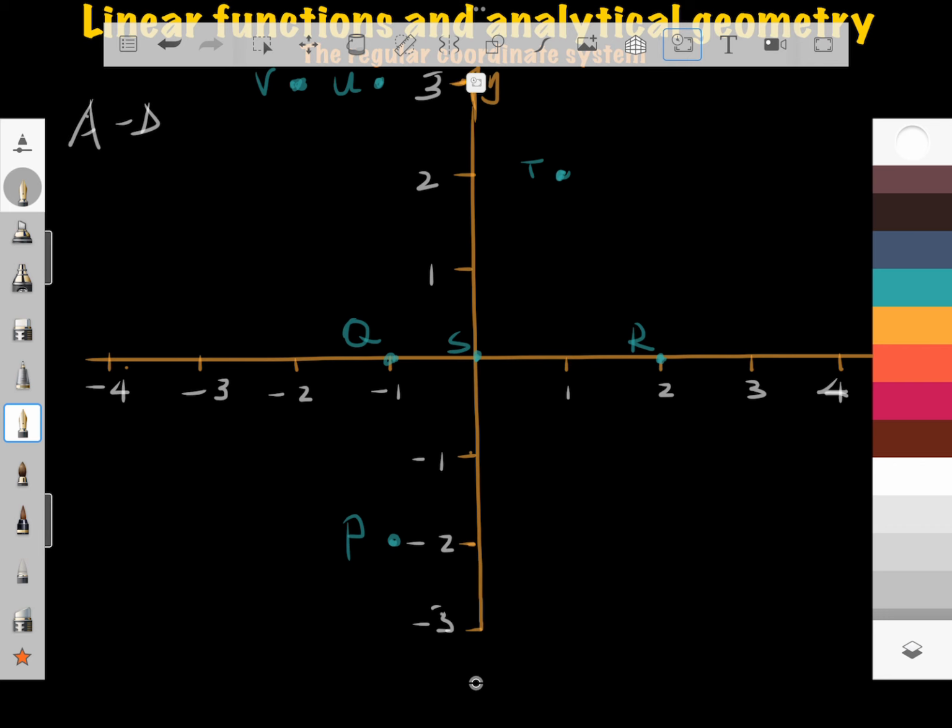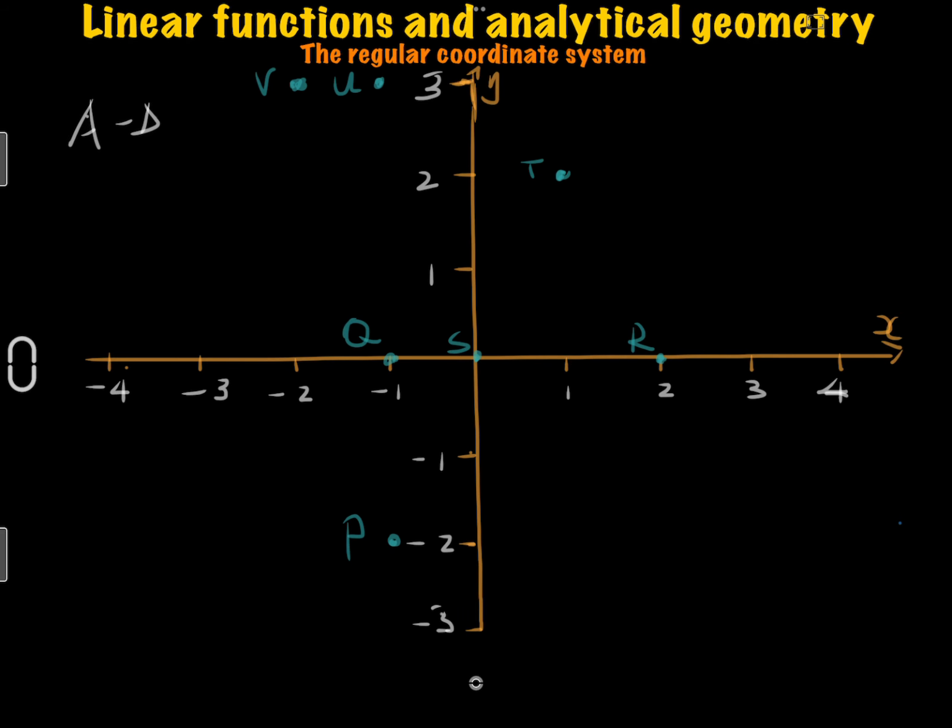So this is our distance formula. Let me write it somewhere. So our distance formula, say D is equal to the square root of (x2 minus x1) raised to the second power plus (y2 minus y1) raised to the second power.